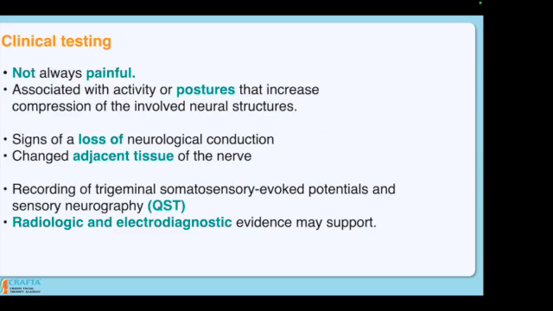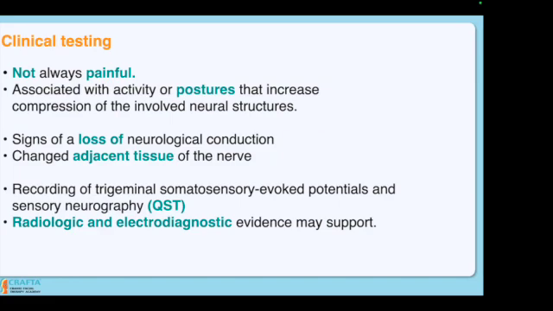Be aware when we do our clinical testing, it's not always painful, so that's important to understand, but it's mostly associated with activity. Think about postures that increase compression of the involved neural structures, such as posture of the neck, maybe sitting at the desk, maybe sitting in the car.